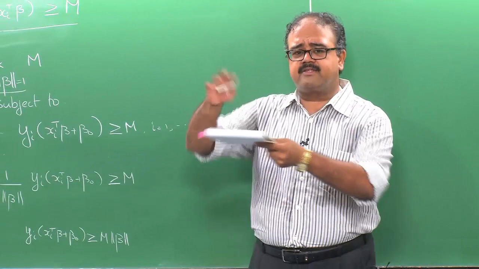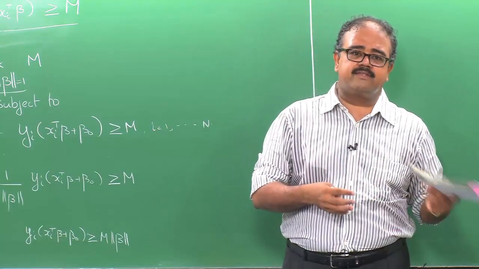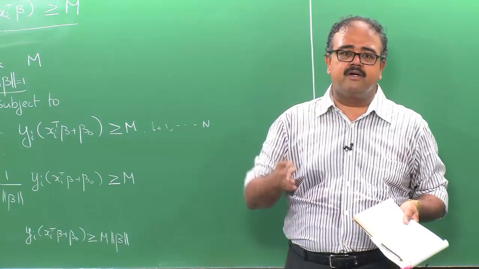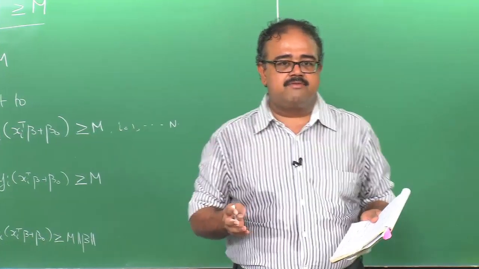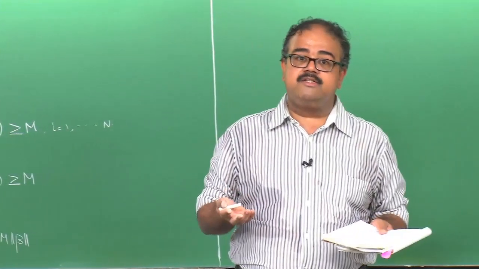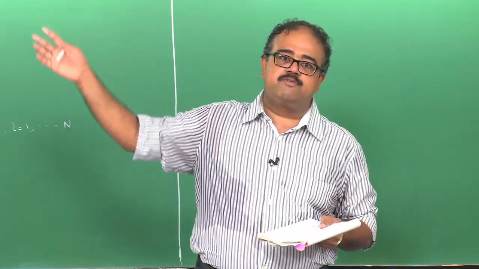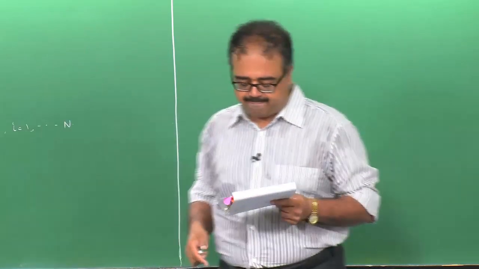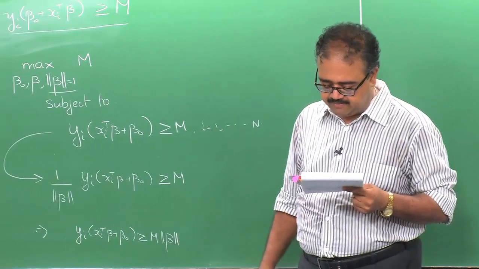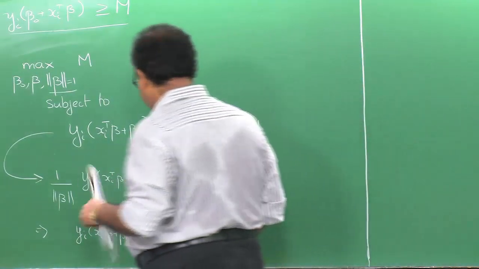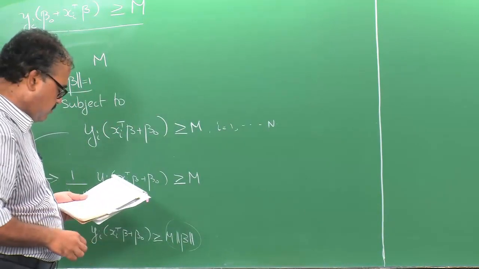I can just multiply it by some positive number. If it was originally giving me negative values less than minus m, or positive values larger than m for all the xi's, just multiplying it by a positive quantity will not change anything. It will still give me negative values that are lesser than minus m or positive values that are greater than m. Therefore, I can essentially choose a specific value for beta such that this evaluates to 1.